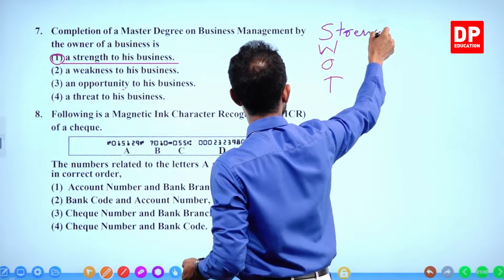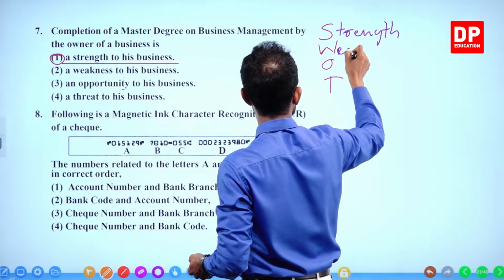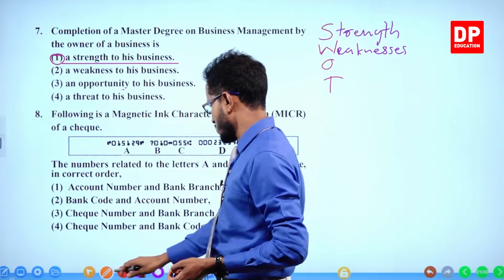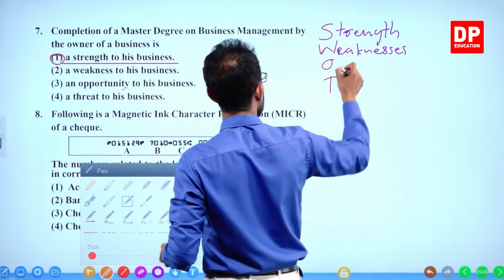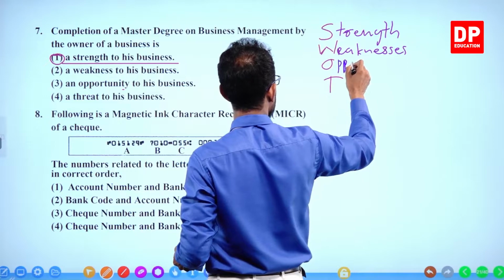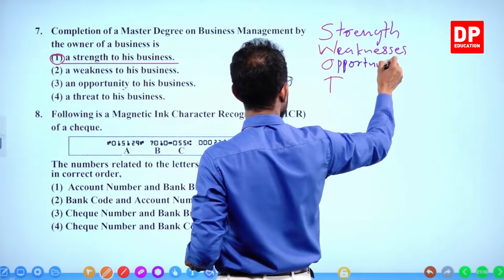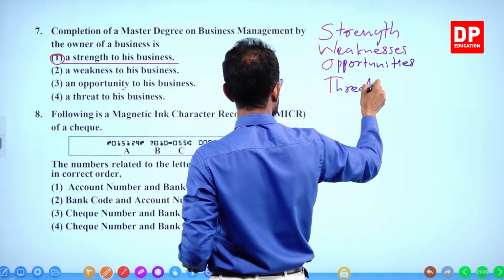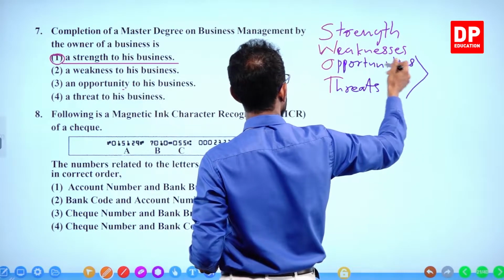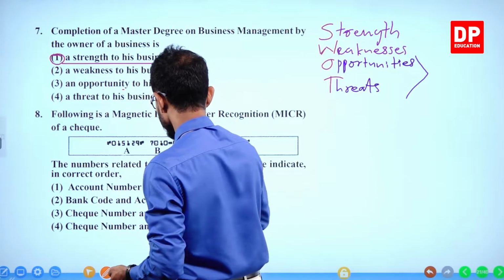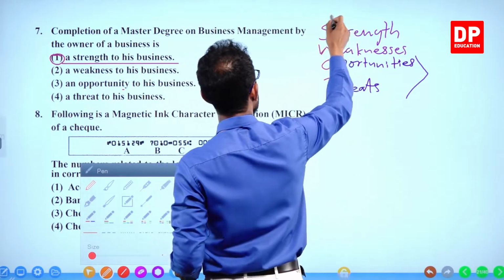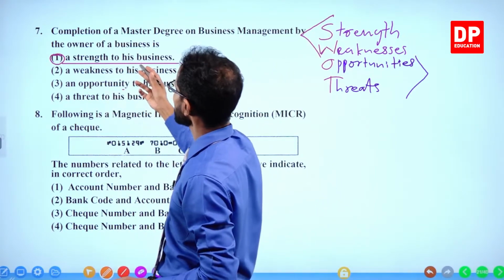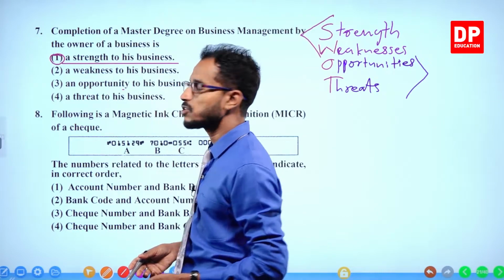Strengths, weaknesses, opportunities, threats. These are external and these are internal. SWOT. So strength to his business.